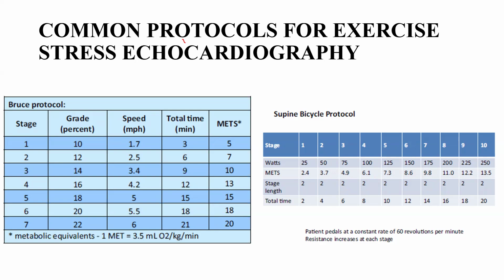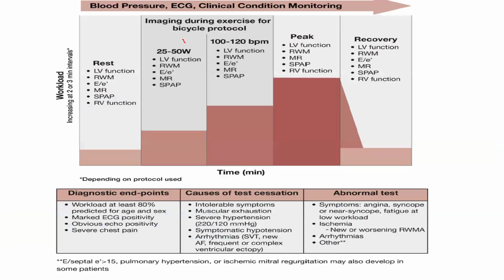If you're able to achieve that rate pressure product, it's enough. Some protocols, for example from some hospitals in the US, may say even if you achieve 70% on a bicycle protocol, it's enough to give a report. But for workload, the treadmill stress test is the best to give adequate workload.